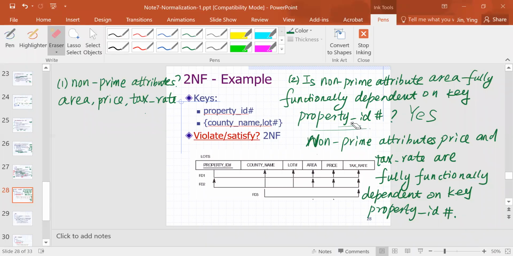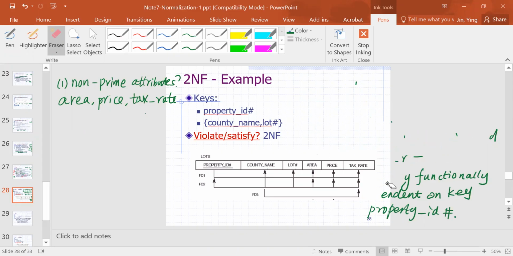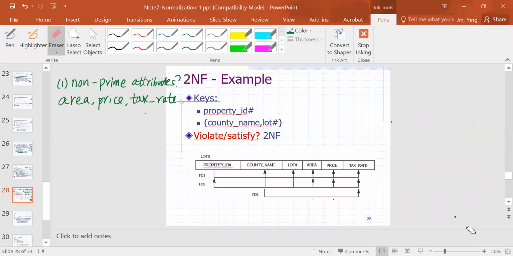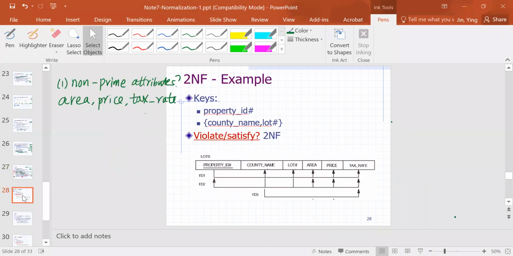So the next thing I want to do is, should I get rid of all of them? Okay. So this means if we go back to this one, I know the non-prime A1, A2, A3 all fully depend on one of the keys. Now I just need to check with the second key. That's all I need to do.